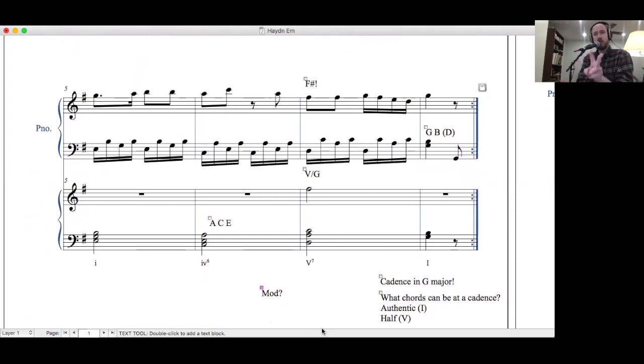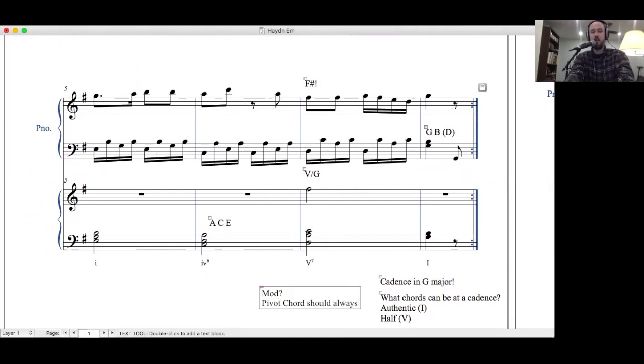So that's number one. Number two, we want to remember that the pivot chord should always be immediately before what?